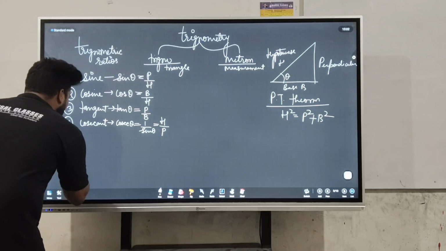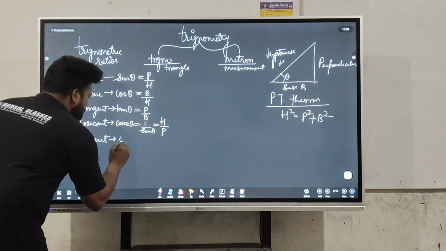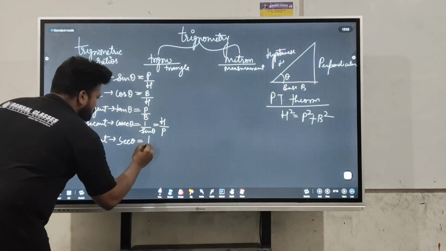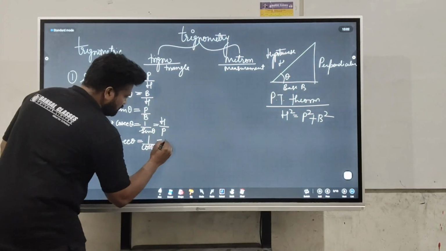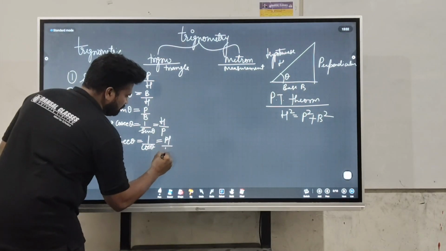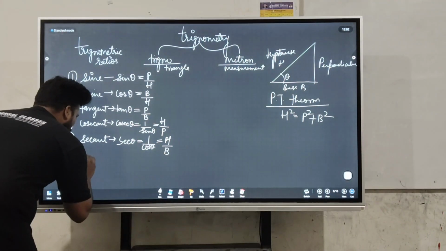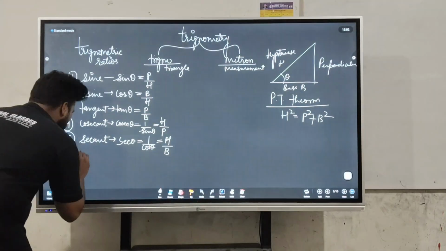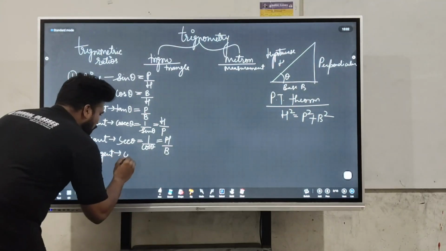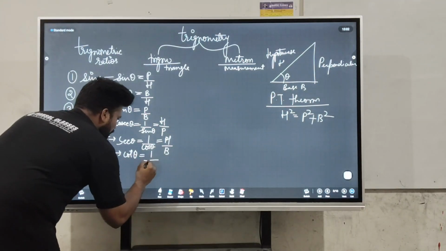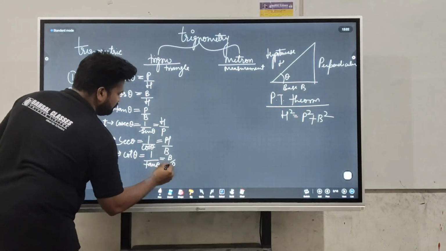The fifth one is secant, abbreviated as sec theta, and it is the reciprocal of the cosine of the angle, equal to hypotenuse upon base. The sixth one is cotangent, abbreviated as cot theta. It is equal to 1 upon tan theta, which is equal to base upon perpendicular.